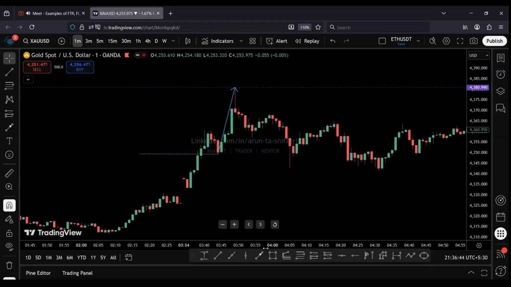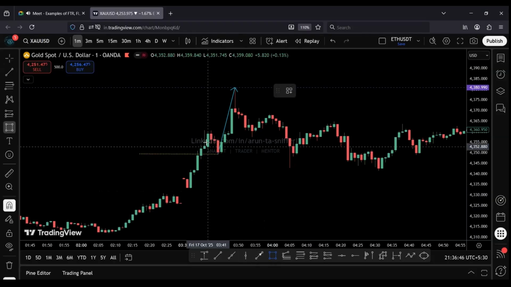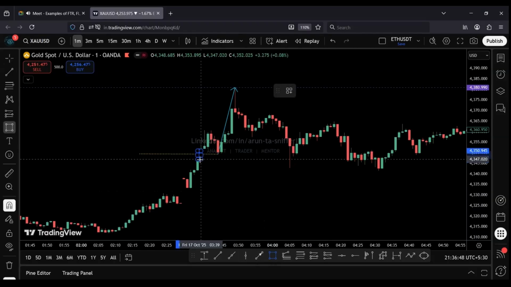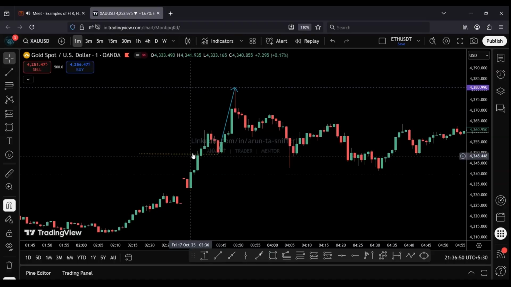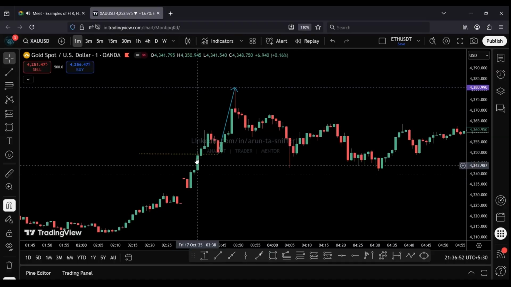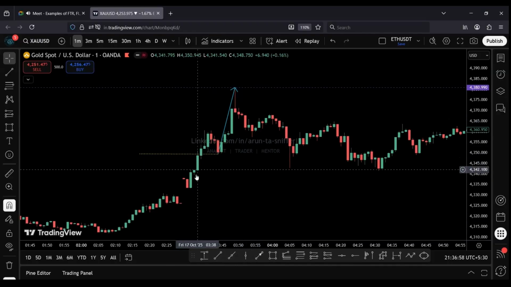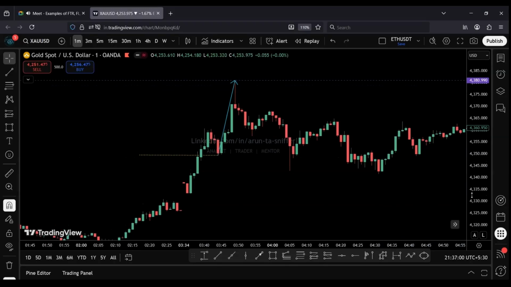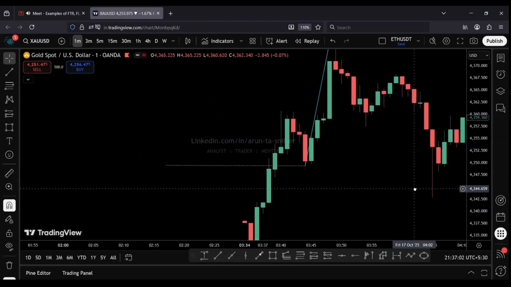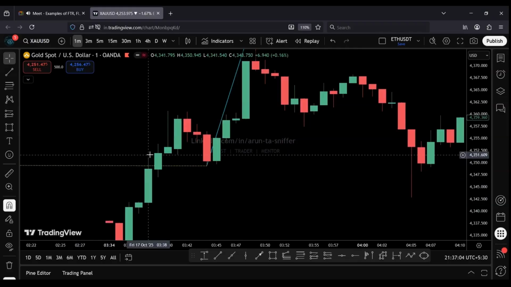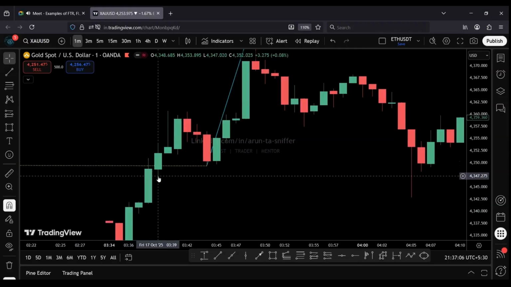Okay, so this candle broke this line to upside. It retraced back till here and goes up. You don't need to take the whole candle. Why? The retrace is clearly visible. Price goes up, came down till here.